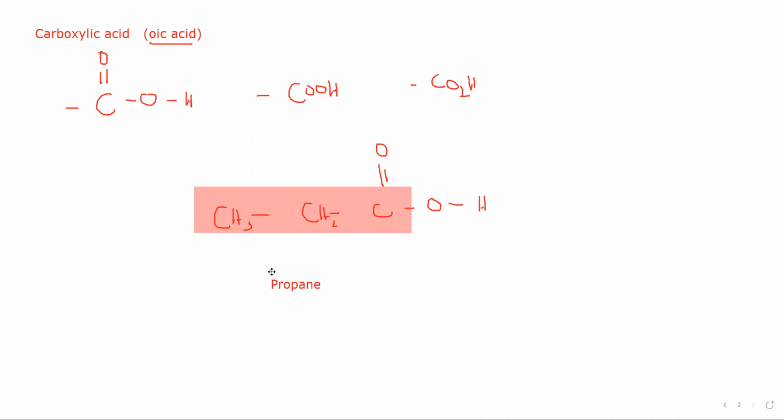If it starts with a vowel, I will not write -ane, I will write only -an. Propan. And this functional group, C double bonded with O and OH, we call oic acid. So this will become propanoic acid. Is it clear? The name of this compound?